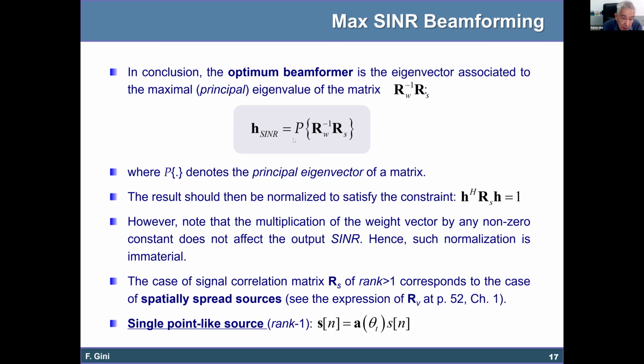The eigenvector associated to the maximal eigenvalue is called the principal eigenvector. So the optimal beamformer, from the point of view of the signal to interference plus noise ratio, is the principal eigenvector of this matrix.